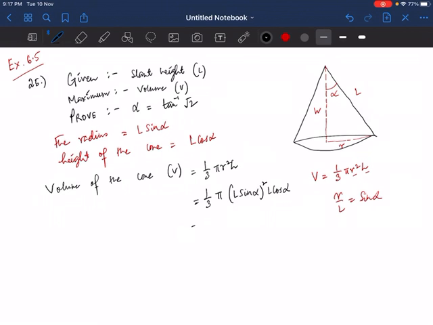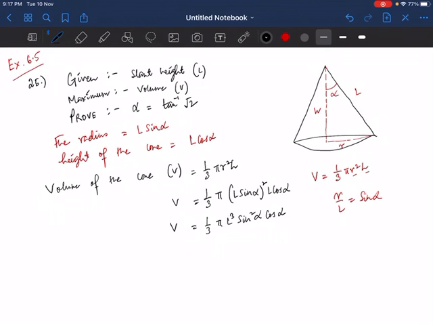Written nicely, V is equal to 1 by 3 pi L cube sine square alpha cos alpha. This is the volume of the cone.